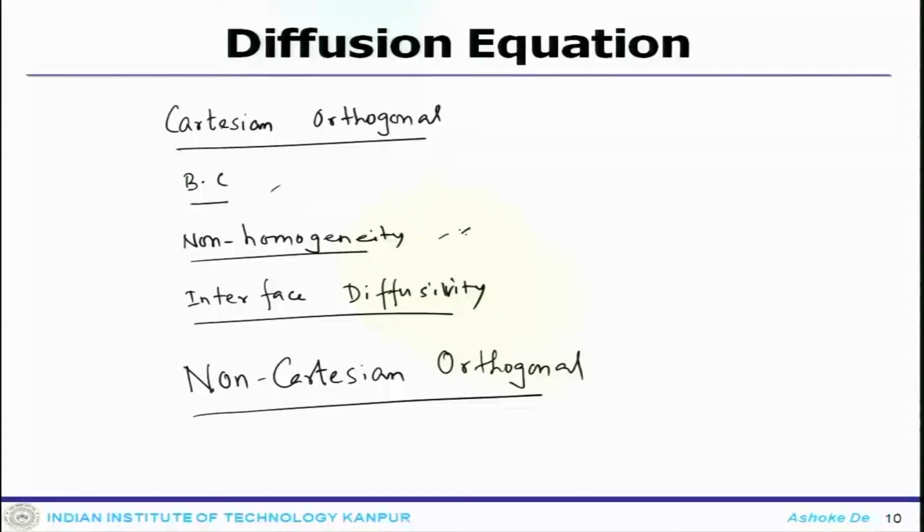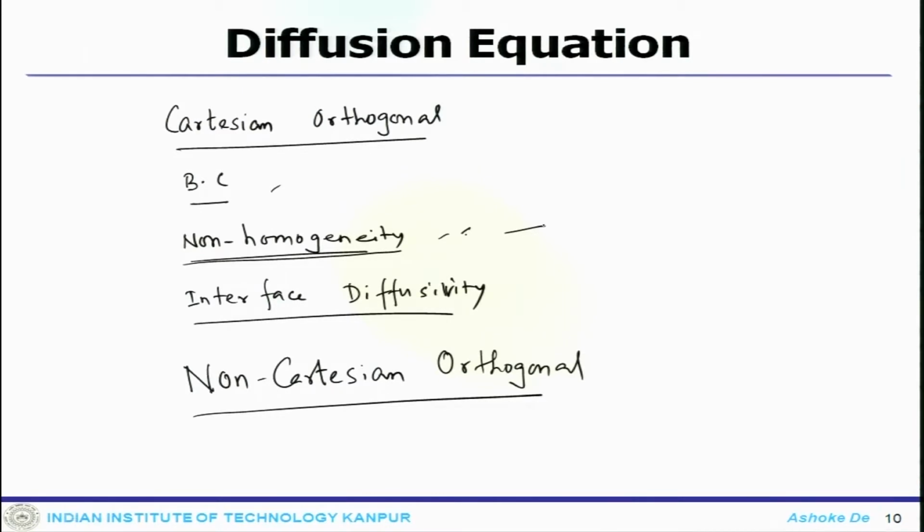On top of that, when we considered the Cartesian system, we also took care of the non-homogeneity of the diffusivities, and to do the calculation for the non-homogeneity, we came across different formulations or methodologies for taking care of it.